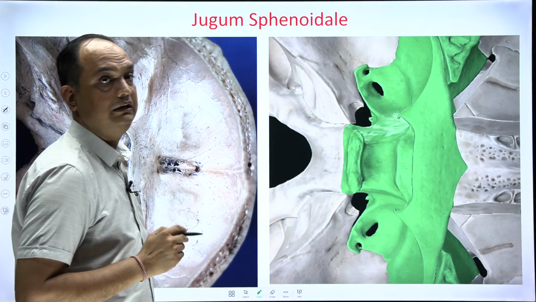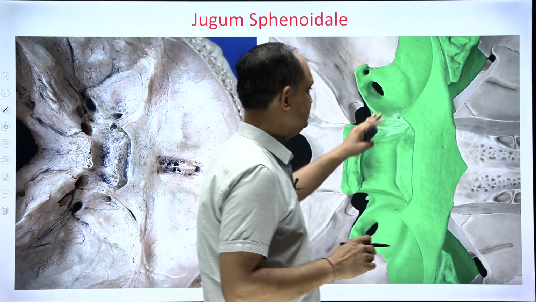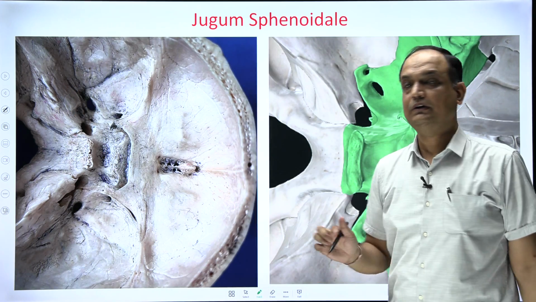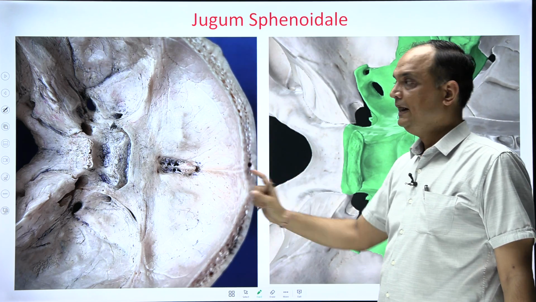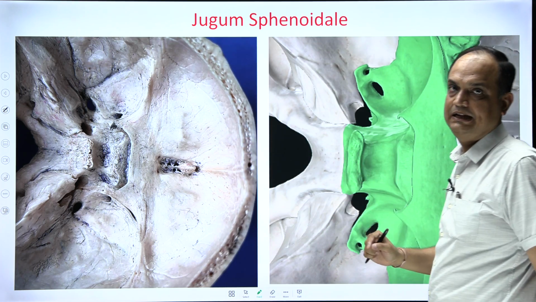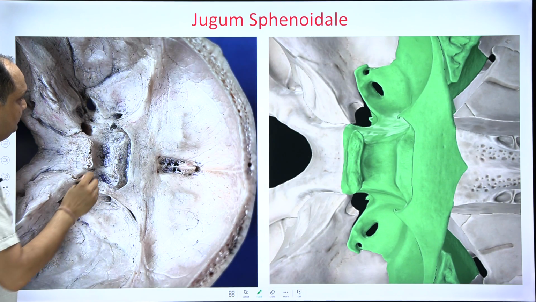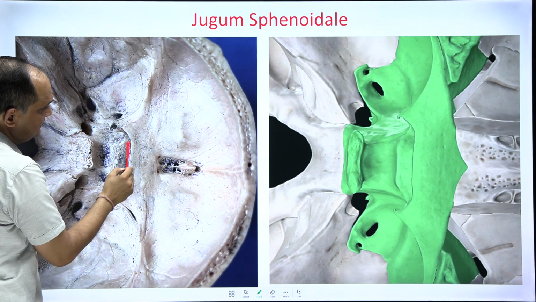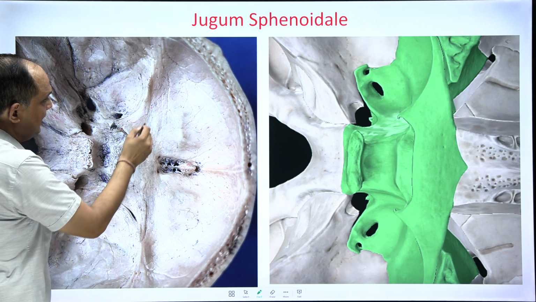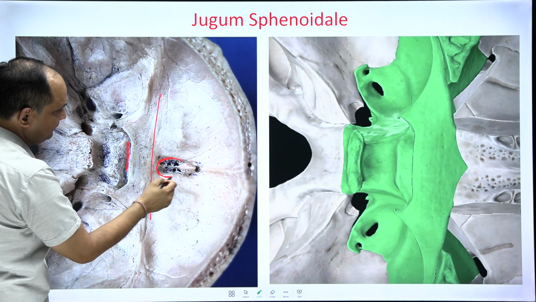How this relation takes place, I will show you. So these are the two images. This is the image from these videos, and this is the actual image. Now if you compare both these diagrams, in the actual specimen you are able to see that this is your sulcus chiasmaticus, this is your Jugum Sphenoidale, and this Jugum Sphenoidale is making a joint here with the posterior area of the cribriform plate.